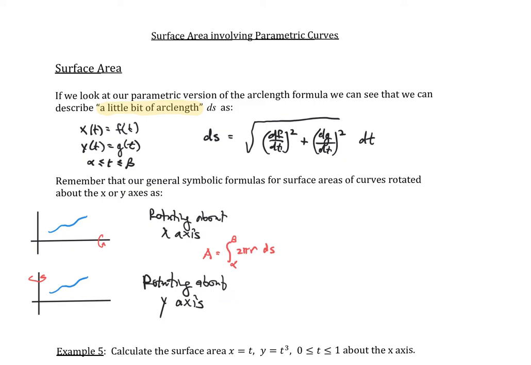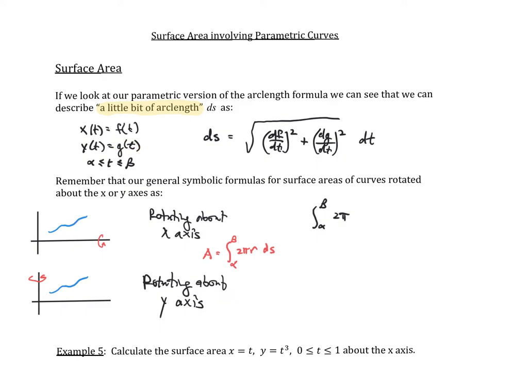So if you're talking about the x-axis, then the formula is going to be the integral from alpha to beta of 2 pi. Now remember, the radius is always perpendicular to the axis of rotation. So what that means is this should be the y value, and the y value is given by g of t.